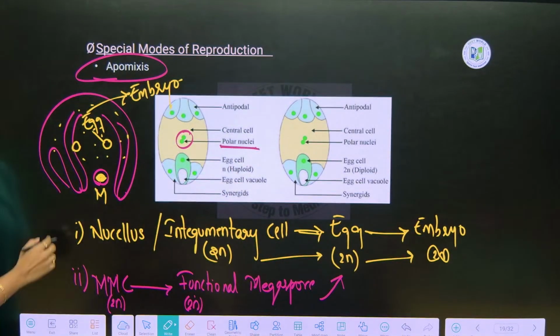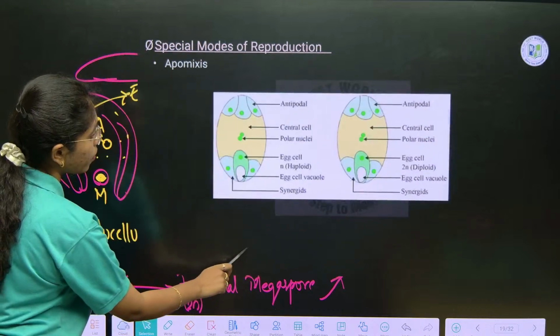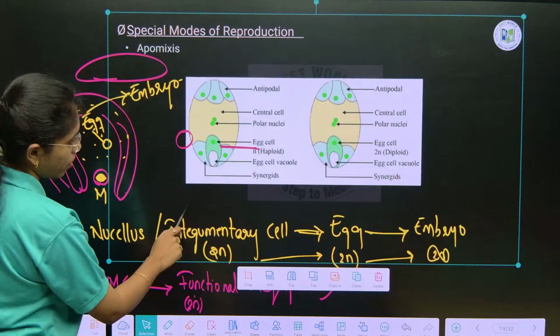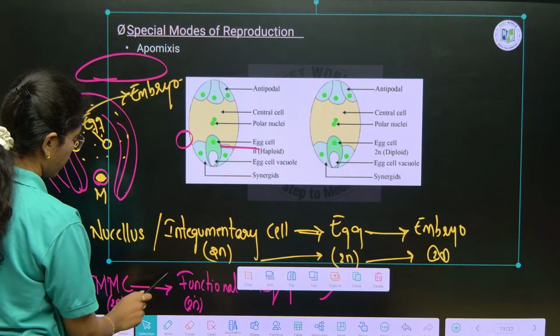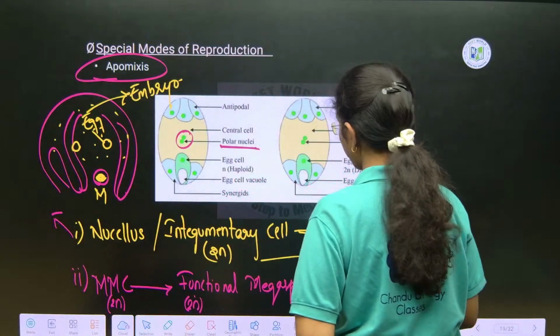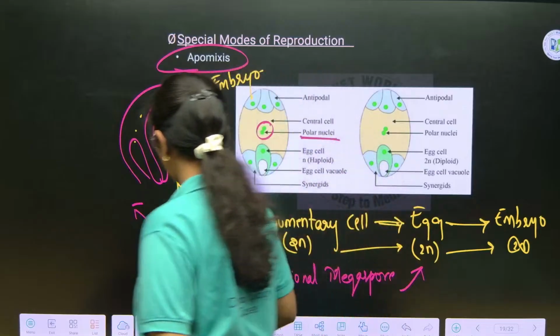So, this first process is called as adventive embryony. Take down.